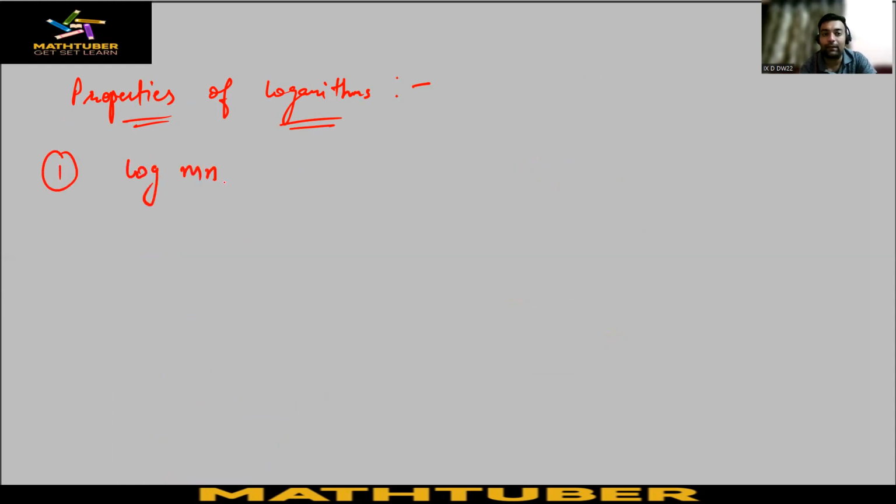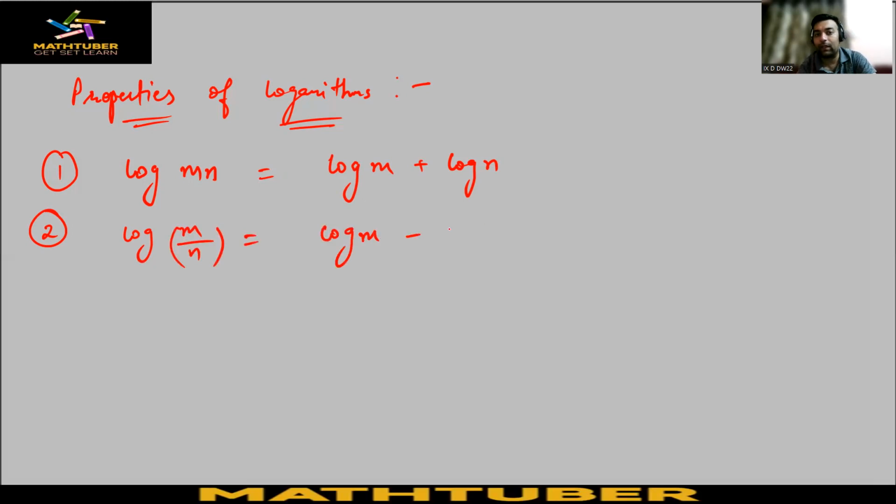If two numbers are in multiplication, then it will be log m plus log n, right? We can just split it into two parts and we can take log of both of these numbers and add them. Similarly, if two numbers are in division, then it will be written as log of m minus log of n.